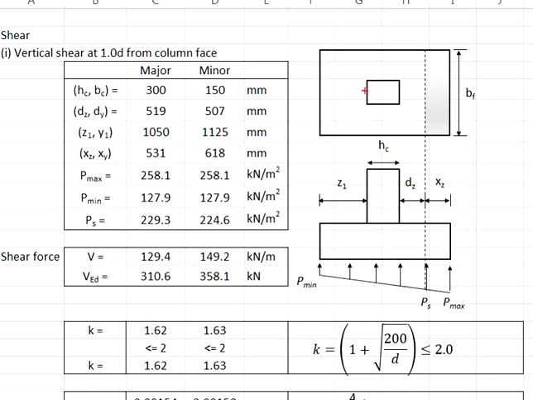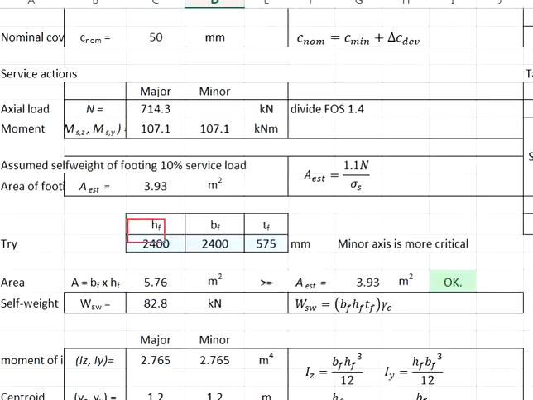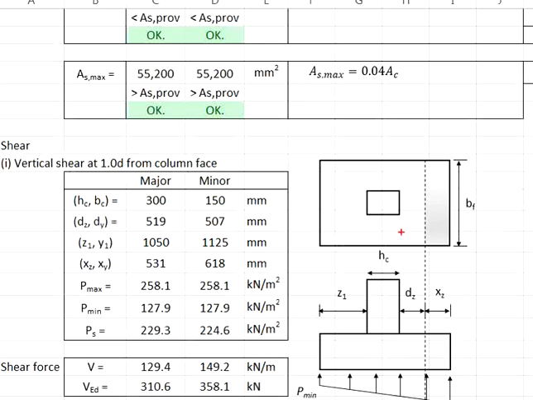Now we need to determine the distance Z1 and Y1. This is calculated by taking the width of the pad footing, which is 2.4 meter, minus the column width, which is 300, divided by 2.